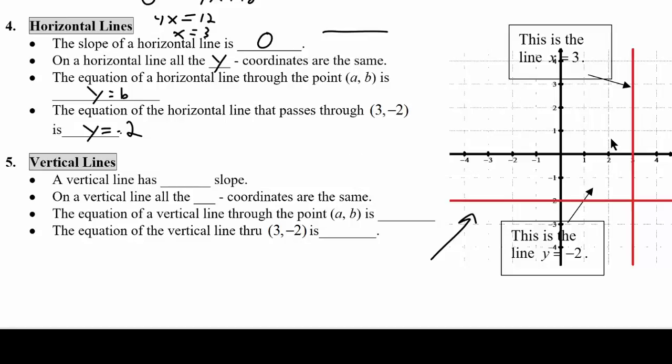For vertical lines, a vertical line has an undefined slope, right? There's a subtle difference. A horizontal line has slope 0. A vertical line has an undefined slope. On a vertical line, in this case, all of the x-coordinates would be the same.